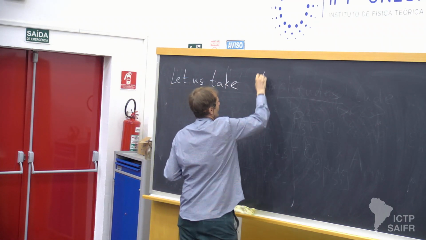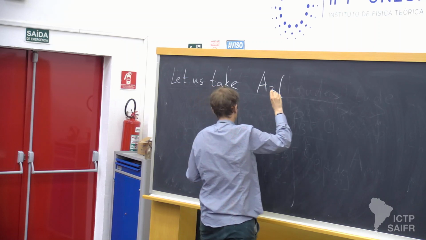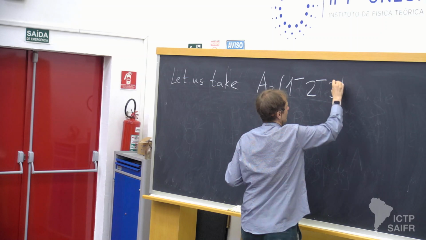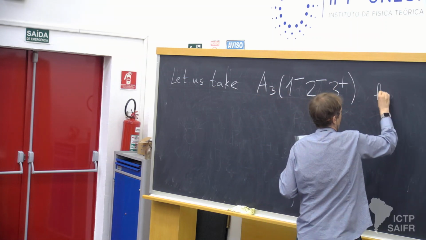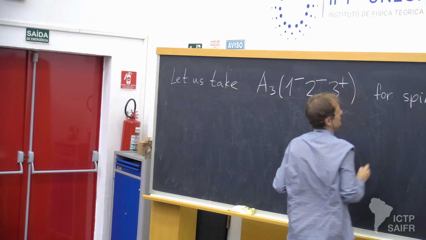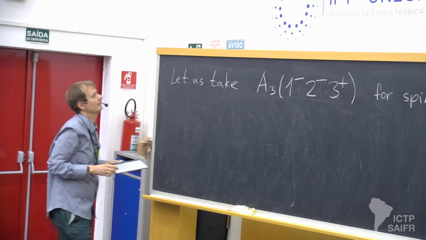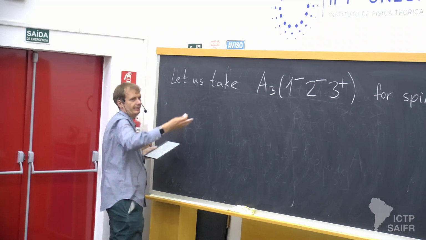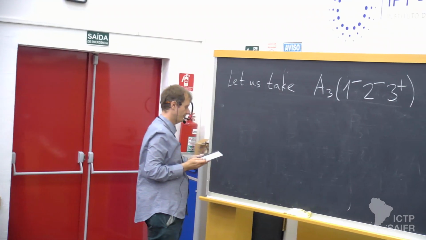So a 3-point amplitude, which has 1 minus, 2 minus, 3 plus. And this is for spin 1. We will later do different spins. Let's just do spin 1 here. So the amplitude either takes the first form or the second form.